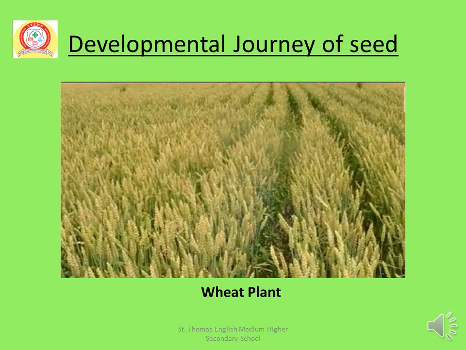The multiple roots of this plant prevent it from being blown over. Now, this is all about different stages of the journey of a seed when it develops into a plant.